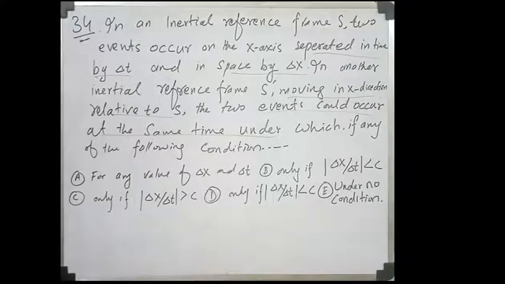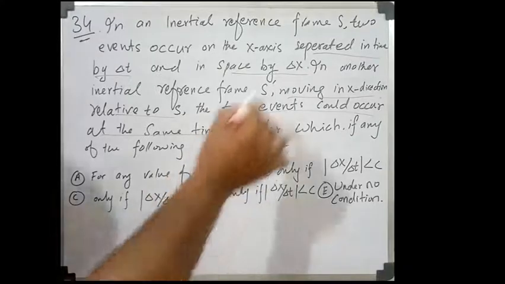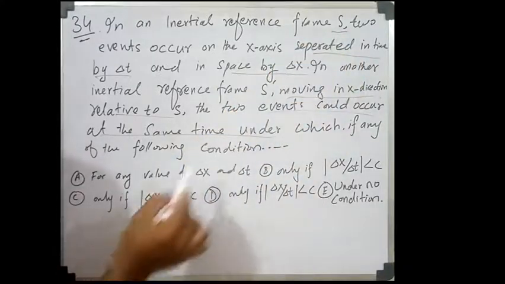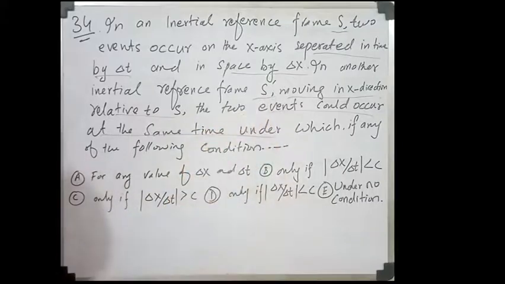We have two events, an inertial frame S and inertial frame S prime. We have to find the right condition.